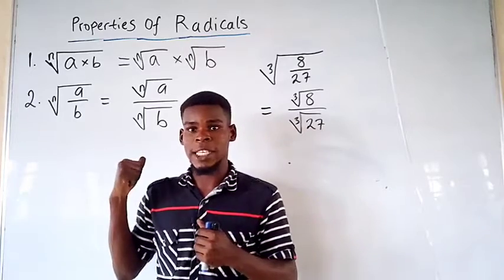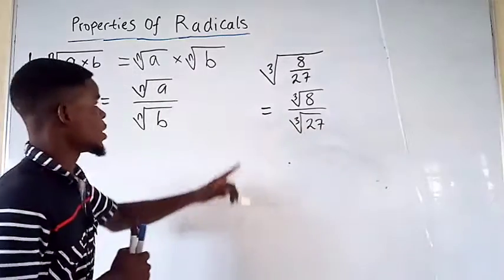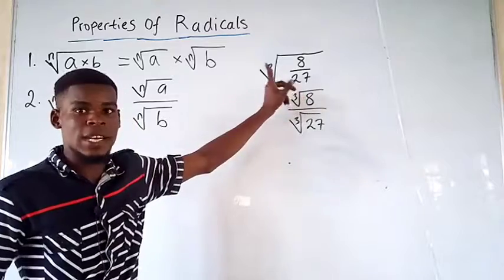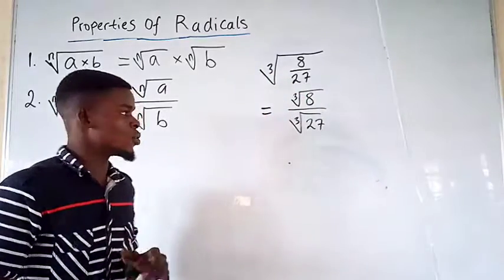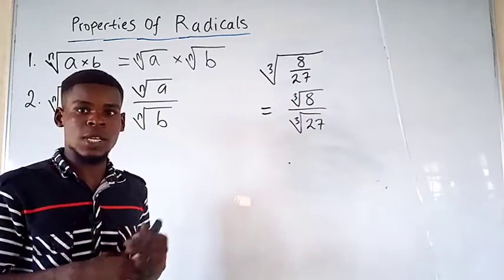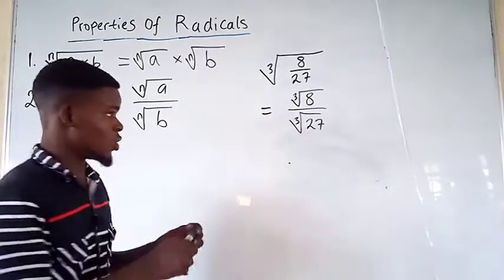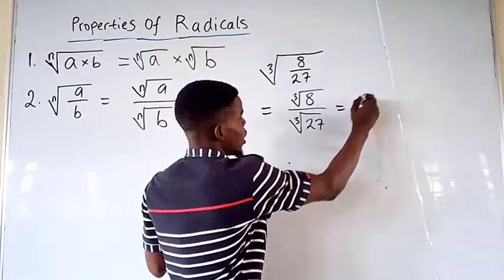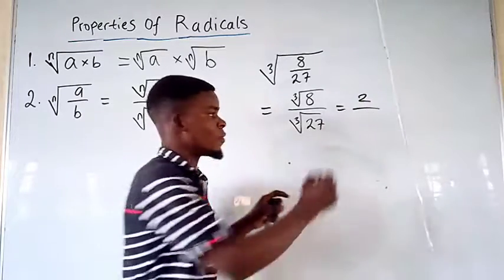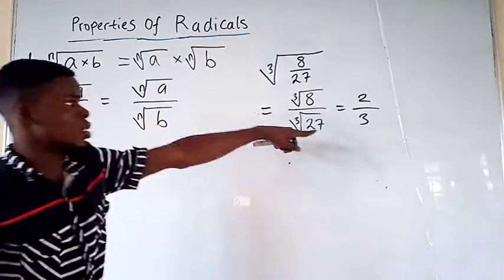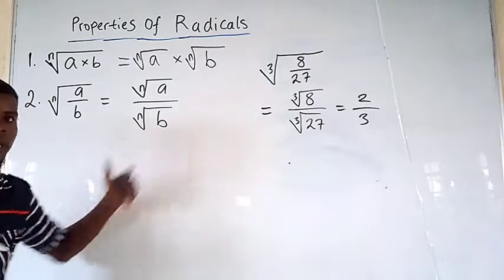That is why I point out that this is positive, and this is odd, so it will work. So we know that the cube root of 8 is just 2, and the cube root of 27 is just 3. So this is just a reduction, but this holds, alright?